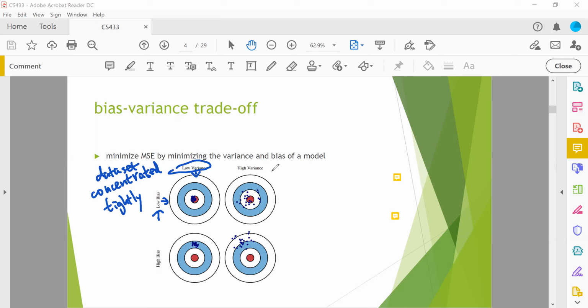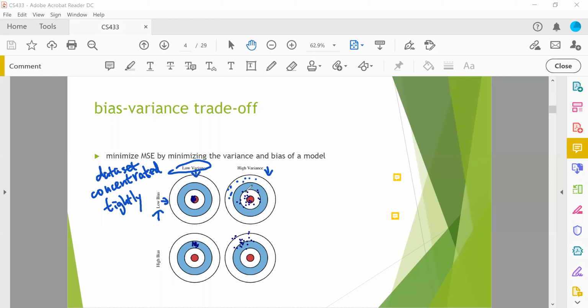Okay, next let's see this case. It's a low bias and a high variance. We can see the data distributed, spread out a lot compared with the left diagram. It's spread out much more, but it doesn't go all the way to the outer yet.